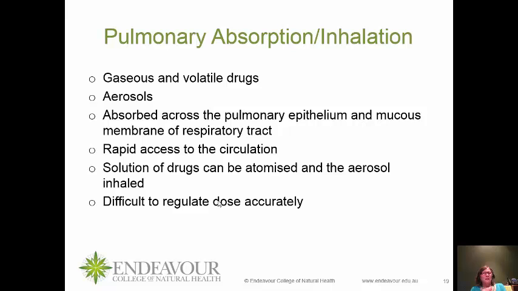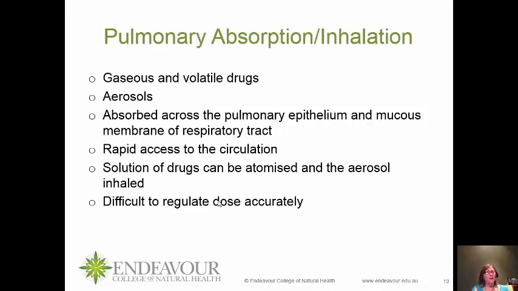We've chosen here the inhalational route, so pulmonary absorption. Here you will get rapid absorption into the systemic circulation, but there are other disadvantages to that route. The drug will have to be gaseous, or if it's liquid, it will need to volatilize very easily, that is, turn into a vapor or a mist.